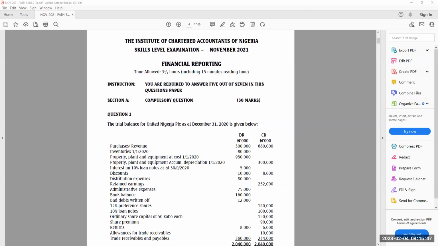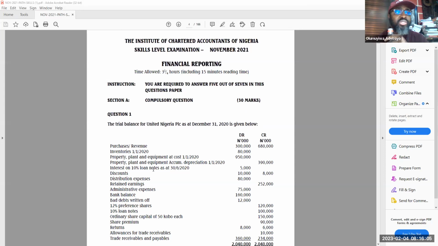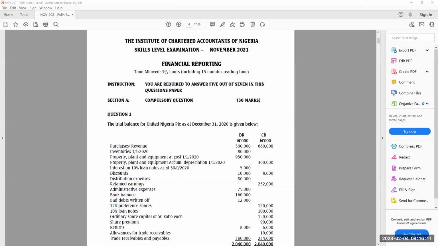Question 1. The trial balance for United Nigeria PLC as at December 31st, 2020 is given below, giving debit and credit. I won't read the figures, I will just read the other aspects of it. I want you to read the descriptions; you can leave the figures. Okay. Purchases, revenue, inventory at 1st of January 2020.